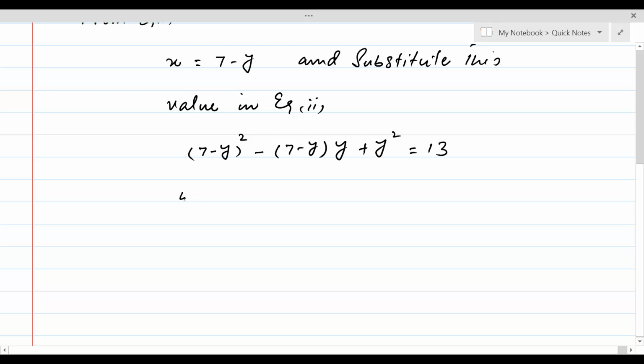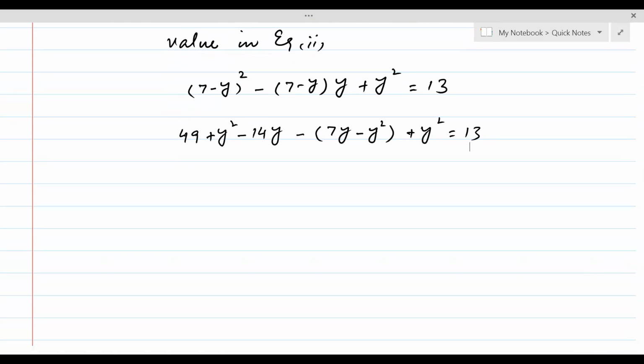So this will become 49 + y² − 14y − 7y, plus, still it will be minus y times y, so minus y² plus y² equal to 13.